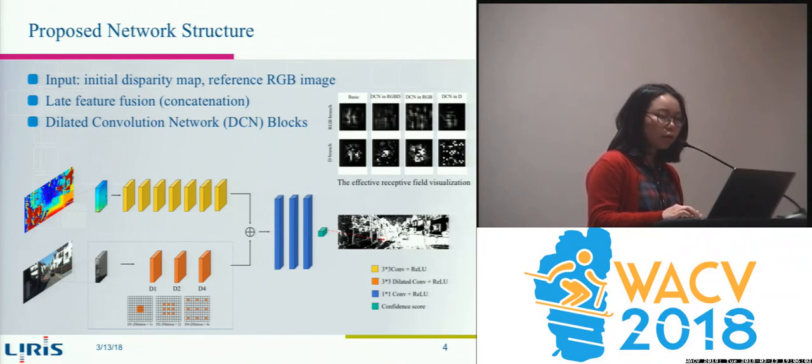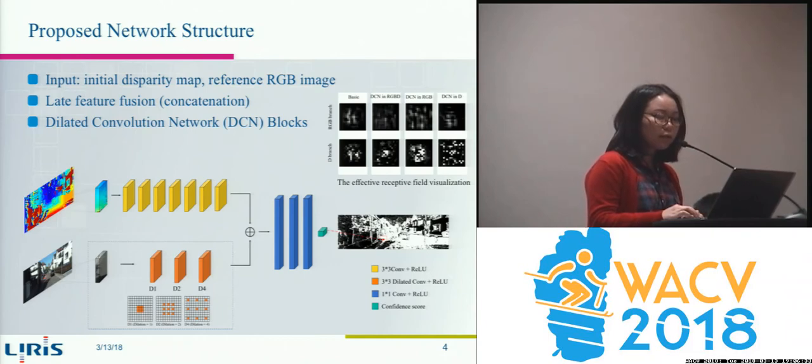Second, to learn local information more effectively, we also try to combine dilated convolutional blocks in our basic architecture. By visualizing the effective receptive fields in the basic late fusion architecture and the 3 extended architectures, it is clear that the dilated convolutional blocks can effectively enlarge the receptive fields in both branches.